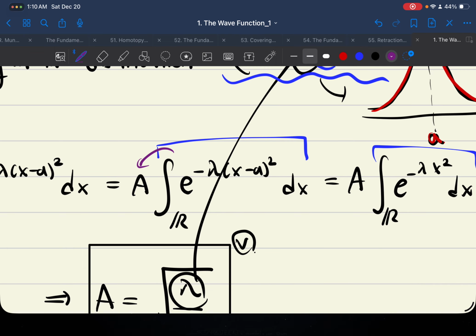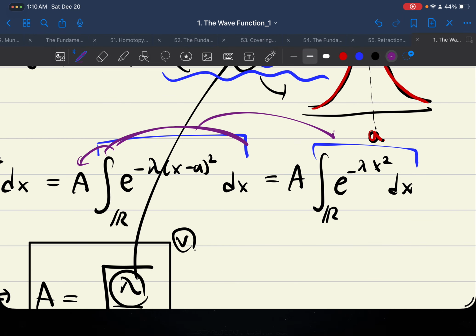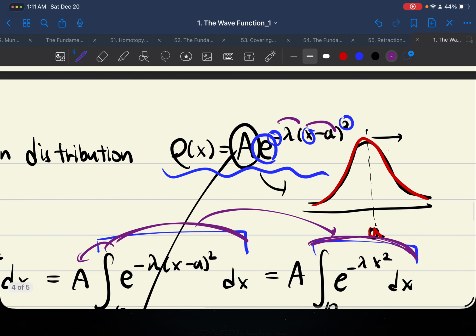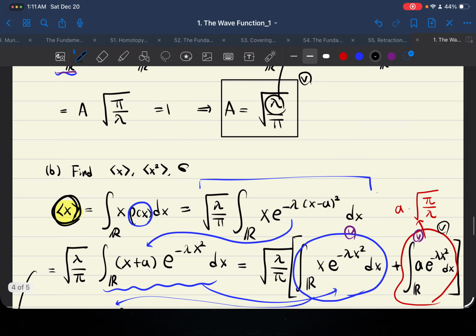A is popped out, and the remaining integration of exponential minus lambda (x minus a) squared dx is the same as with the translation. Since the translation doesn't change the integral value, this area doesn't change. So we get A as the square root of lambda over pi.